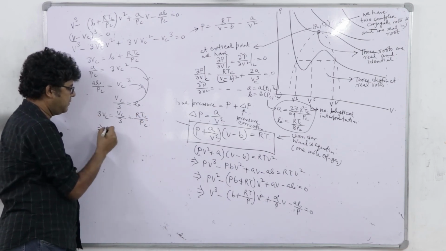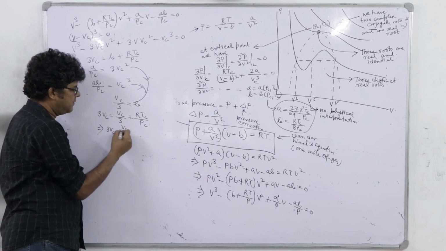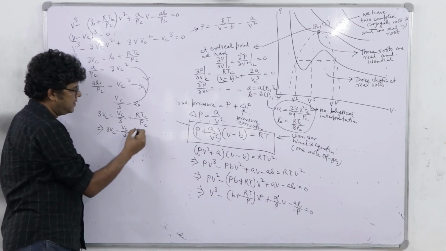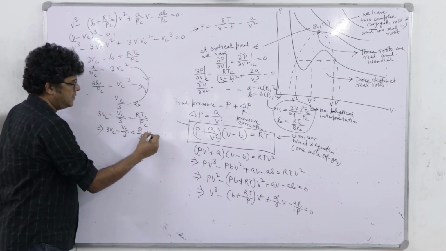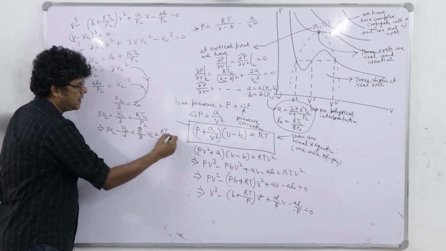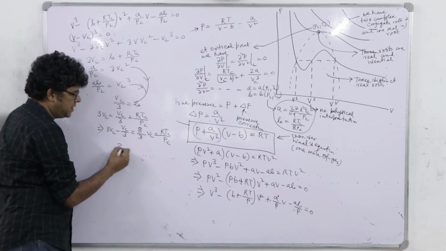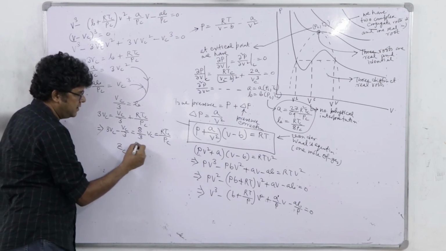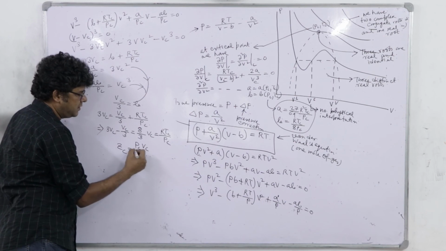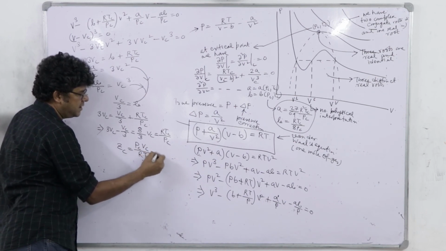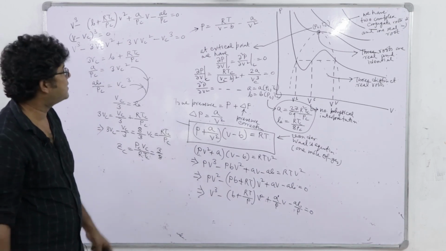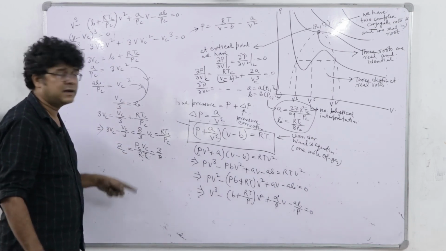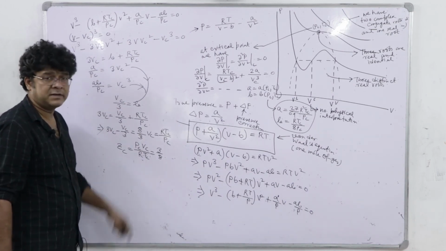So, it will be 3 Vc minus Vc divided by 3, 8 divided by 3, right, into Vc is equal to RTc by Pc. So, immediately we can conclude that Zc, which is Pc Vc divided by RTc, equal to 3 by 8. So, the critical compressibility factor, right, for the van der Waals equation is 3 by 8.